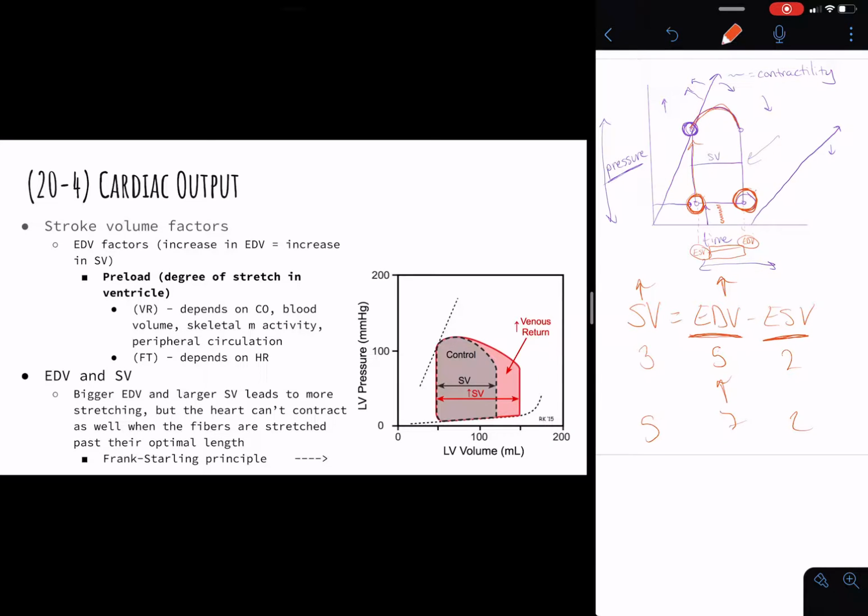And so instead they reshape themselves and they end up actually getting thinner and less able to snap back, and therefore less able to contract as well. And when they stretch past their optimal length, then they start to lose their contractility. And this is kind of what Frank Starling's principle is. And that's how he was able to represent all of this, in the pressure-volume relationship curve that we've drawn out.